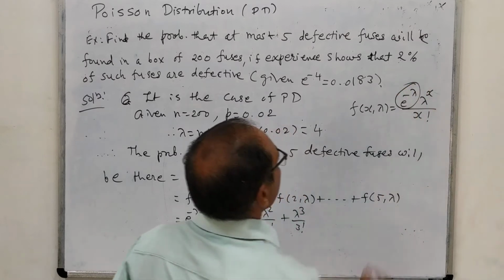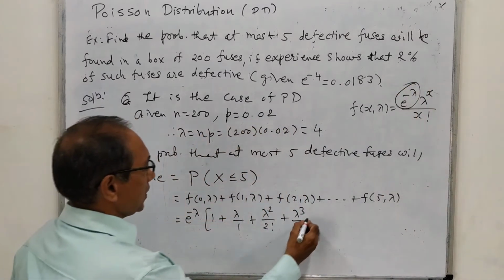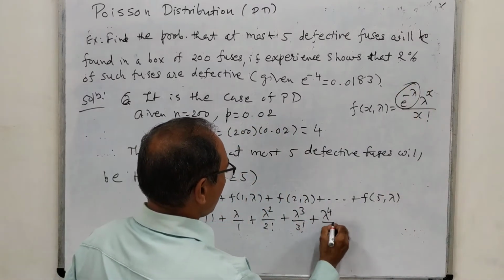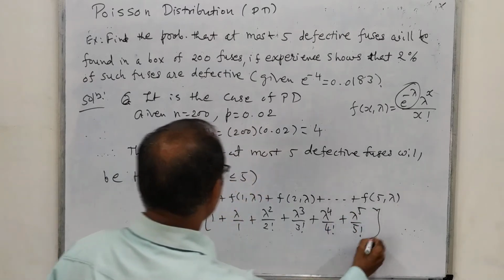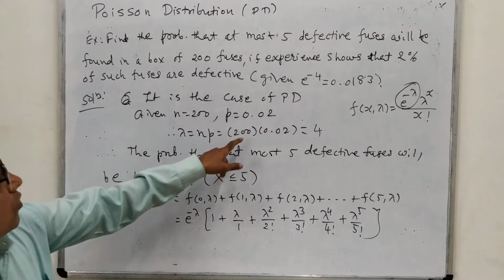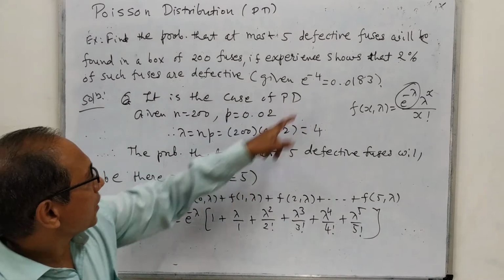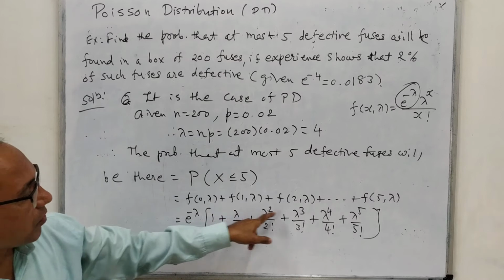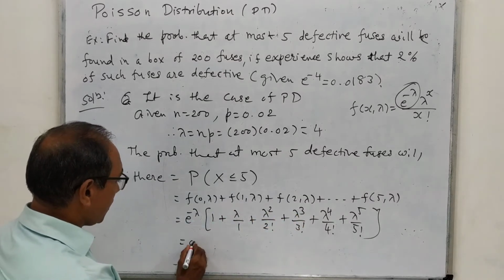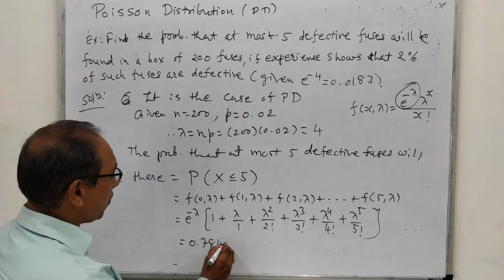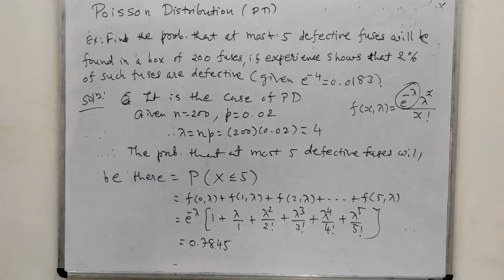So we can take e raised to minus lambda common from all these terms, plus lambda raised to 4 upon 4 factorial plus lambda raised to 5 upon 5 factorial, and you can put the value of lambda equal to 4, and e raised to minus 4, then calculate this value yourself and you will get the answer 0.7845. Okay, are you clear with this? So this example is also very simple, as you can see.